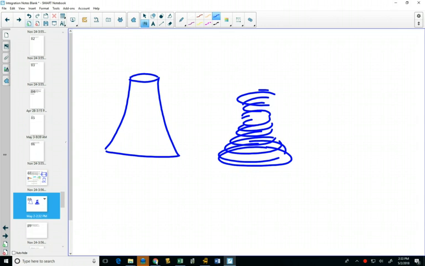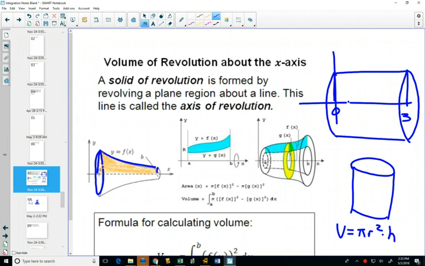But instead of a cylinder, where it's the same shape all the way through and that's why it's pi r squared times height, with this shape our radiuses change. Well, how do we define our radiuses as you go along? Our radiuses are always our y values, and our y values are determined by our function.